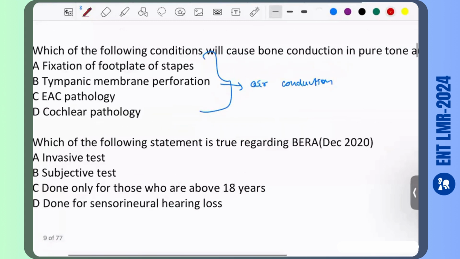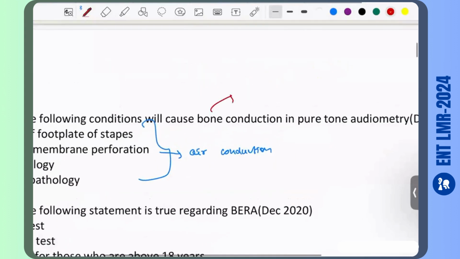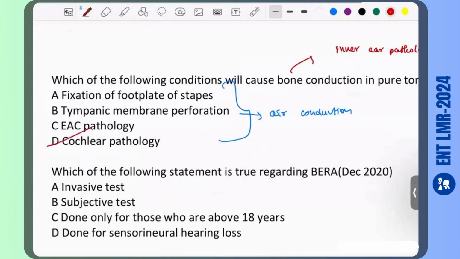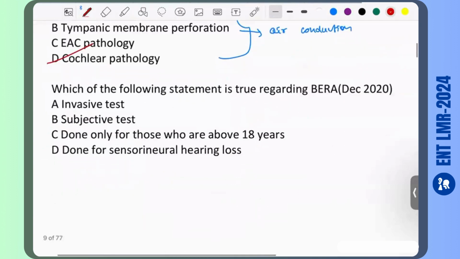Inner ear pathology only affects bone conduction. It's nothing but cochlear pathology. Very easy question. Next is about BERA. We are yet to read BERA, so we'll answer once we read that.